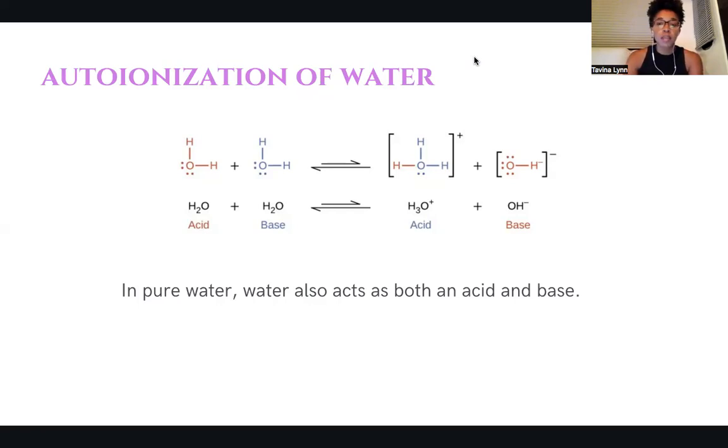Now it turns out that in pure water, where we just have water interacting with itself, water also can act as both an acid and a base. So we have some water molecules that are donating a proton, and then we have some water molecules that are receiving it. And we form hydronium ions and hydroxide ions.